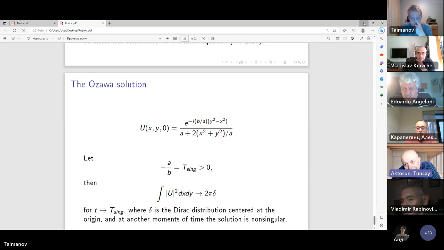In fact, I believe that Ablowitz and some others did many years ago some work on this. Then they obtained the so-called rational solutions.